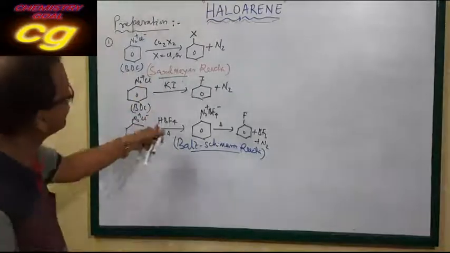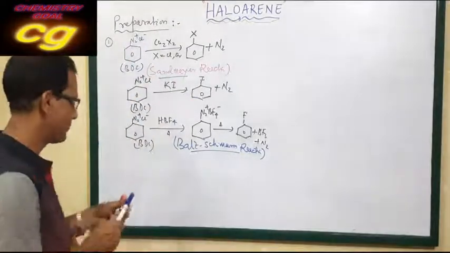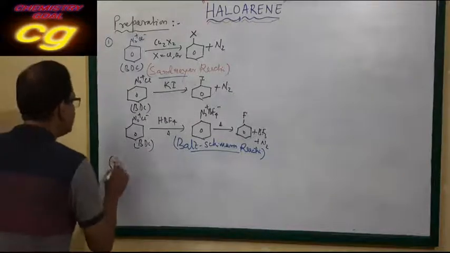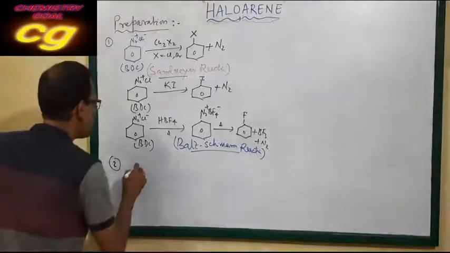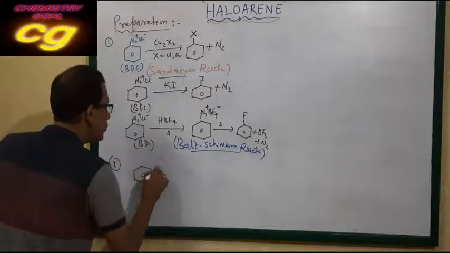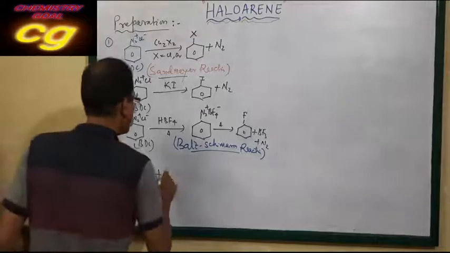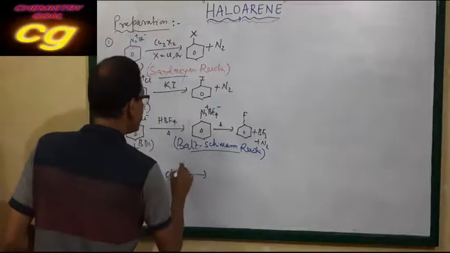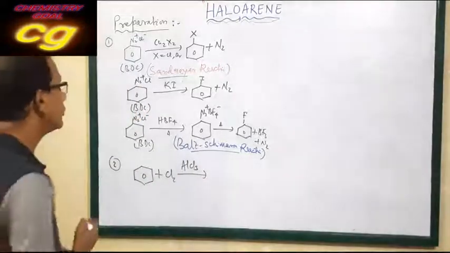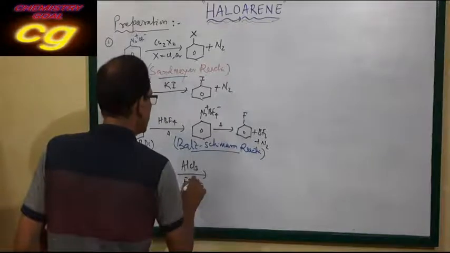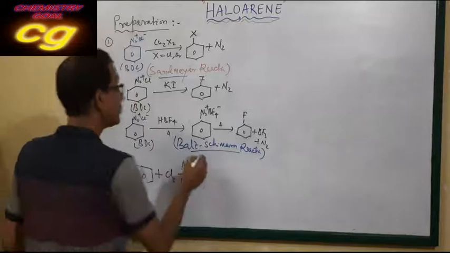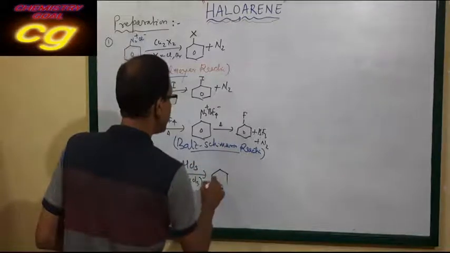So these are the very important preparations of haloarene. Similarly, haloarene can be prepared directly from aromatic hydrocarbons. If you take benzene with chlorine in presence of a Lewis acid, aluminum chloride or ferric chloride, your product is chlorobenzene.